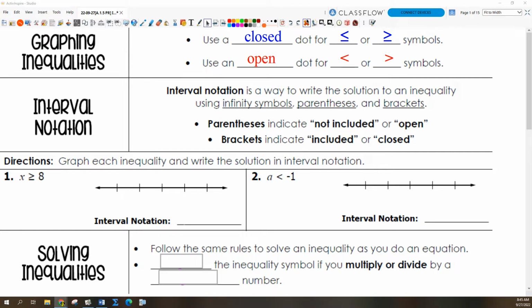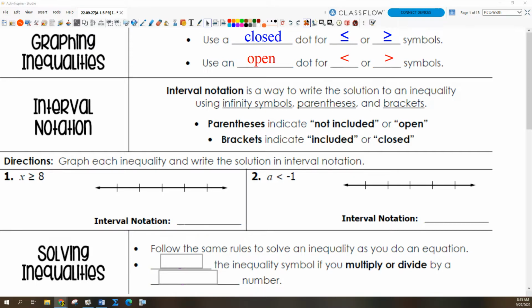Now, interval notation, raise your hand. Have you guys seen interval notation before? You haven't seen that? Maybe you called it something different. Interval notation uses parentheses or brackets, comma, and infinity symbols to do the same job. Parentheses indicate not included or open intervals.